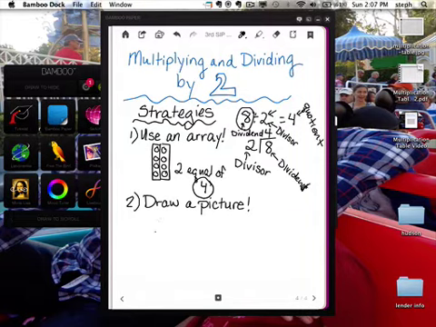Let's pretend we have 8 flowers. I'm going to draw my 8 flowers. You can draw whatever kind of flowers you want. I'm drawing daisies. So I have my daisies.